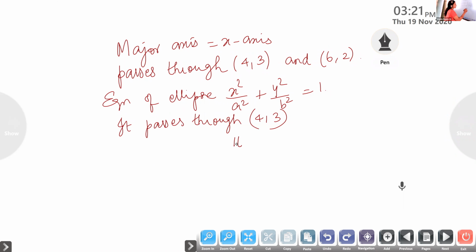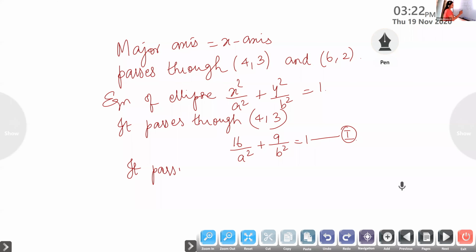So we'll get 16 by a square plus 9 by b square is 1. This is the first equation, Roman letter 1. Again, one more point is given. This is a different question: instead of giving the focus, vertex and all, it gives points through which the ellipse passes.